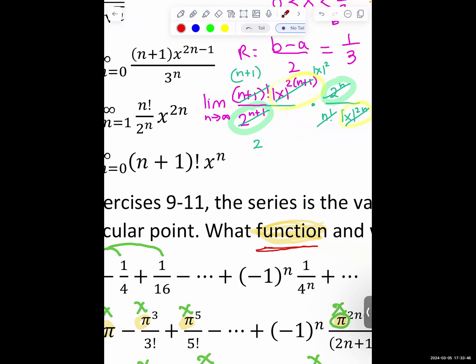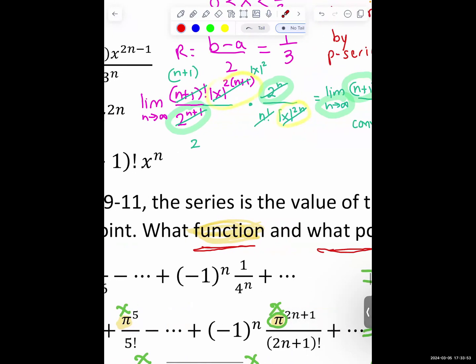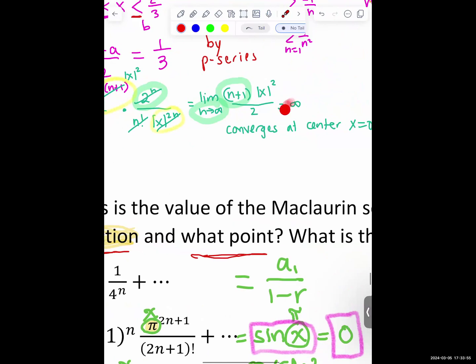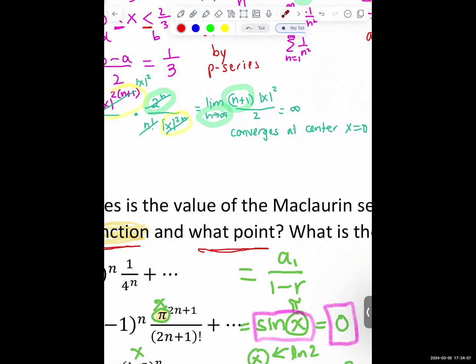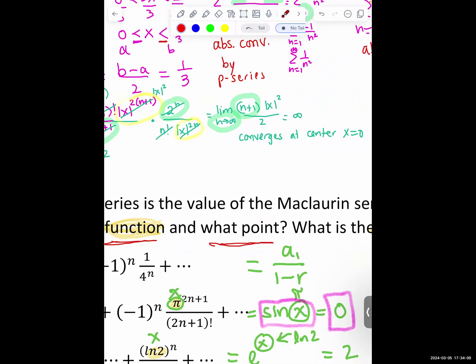And so if you let n go to infinity, you're going to result in an answer that is 0. If you get 0 as an answer when you're trying to solve for x, well, 0 is always going to be less than 1, and it doesn't matter what x is. So for that special case, it's going to be converges for all real numbers. So that's the other special case.